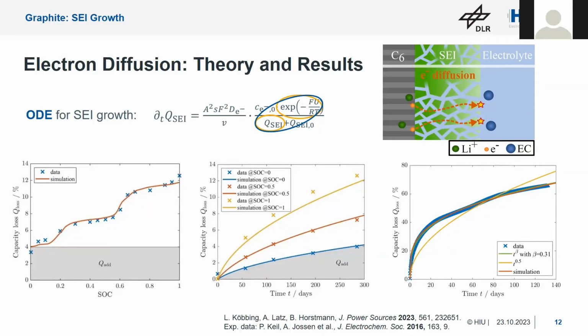But if you take the full model, including the SOC dependence and the time dependence, and take into account the SOC drift, then even with the square root of t growth, you nicely can fit this curve with our simulations. So one has to be careful when analyzing such experiments and claiming that there's no underlying square root of t growth.